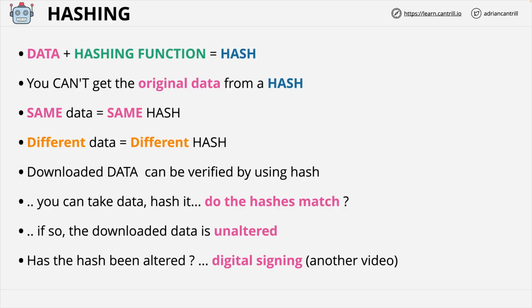But you also need to be sure that it was me publishing that hash and that the hash that you download hasn't been altered in some way. And a way that this can be done is using digital signing or digital signatures, and this is something that I cover in another video.